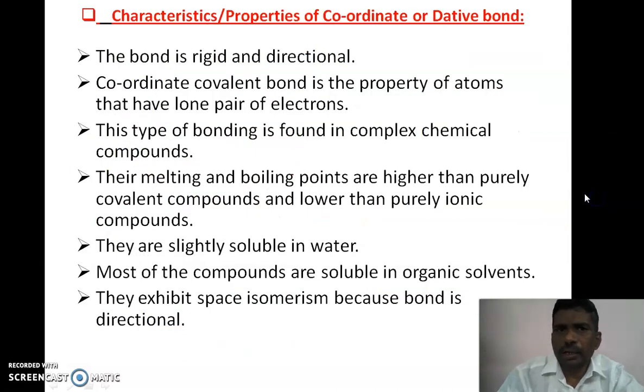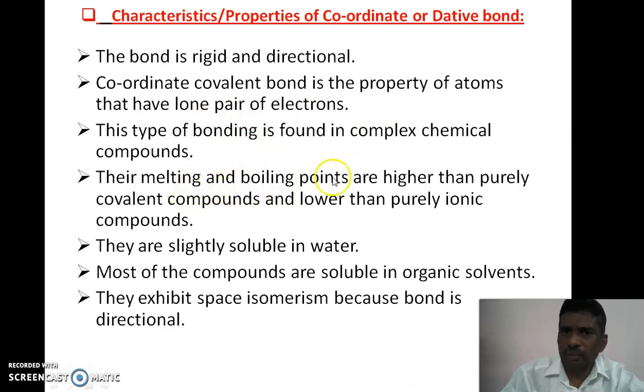Now the characteristics or properties of the coordinate or dative bond. The coordinate bond is rigid and directional. It is a property of atoms that have a lone pair of electrons. This type of bonding is found in complex chemical compounds, which have complicated structures.